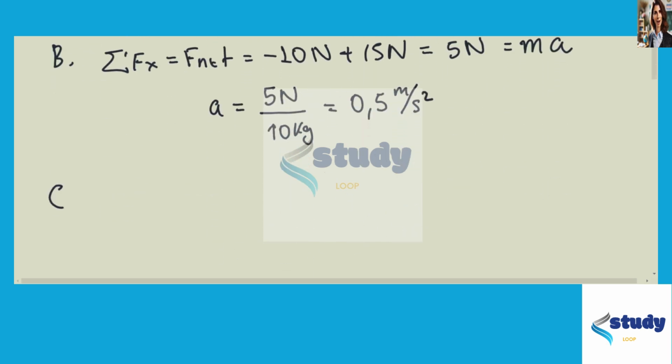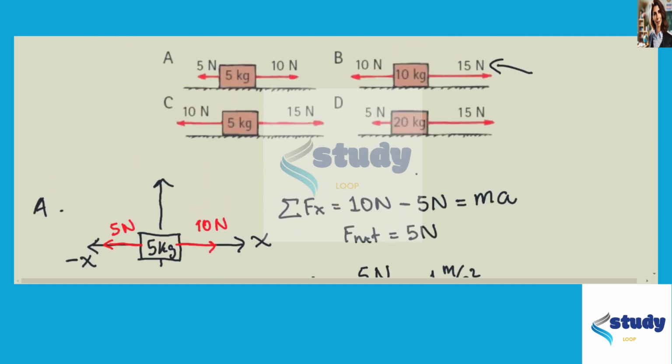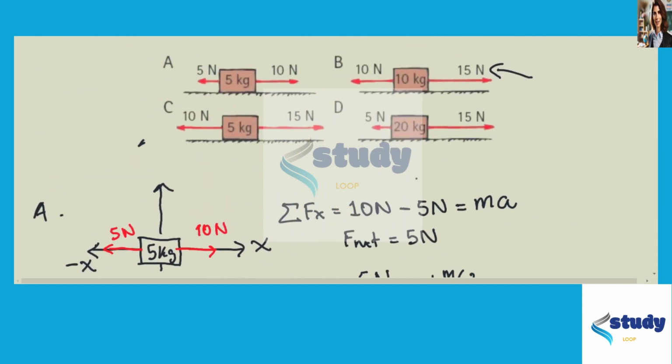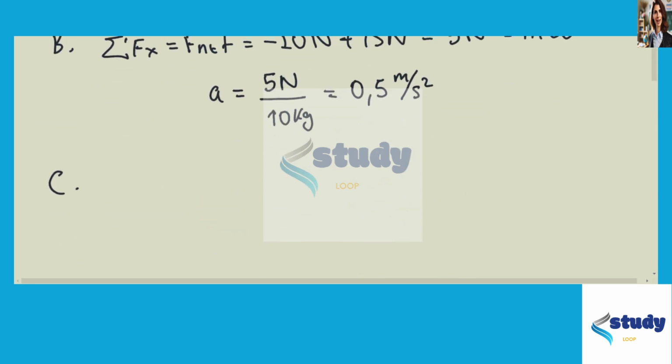And now for box C, we have a negative force of 10 newtons and a positive force of 15 newtons. So it's just the same as before. The net force in this case is minus 10 plus 15 newtons.